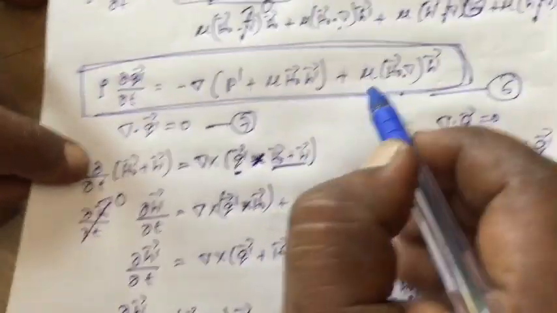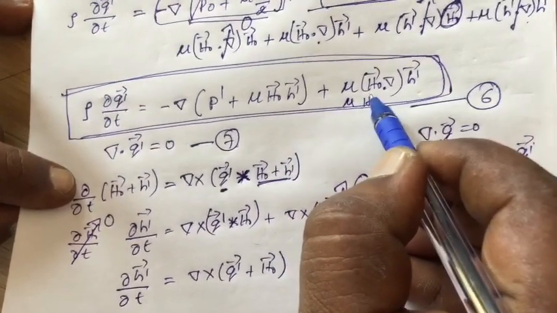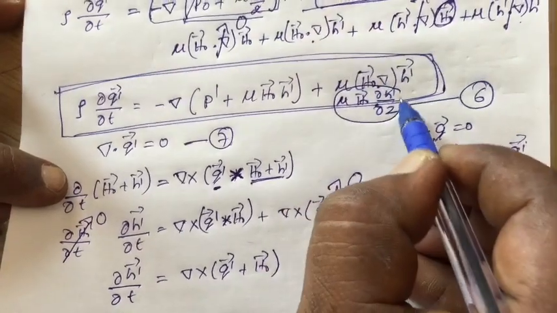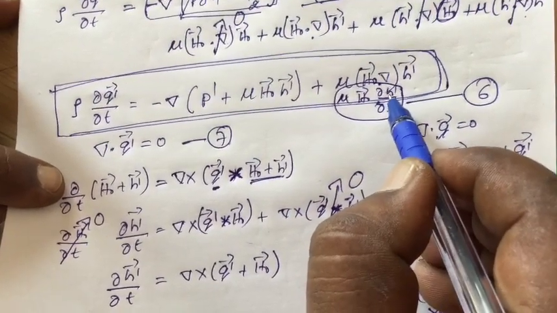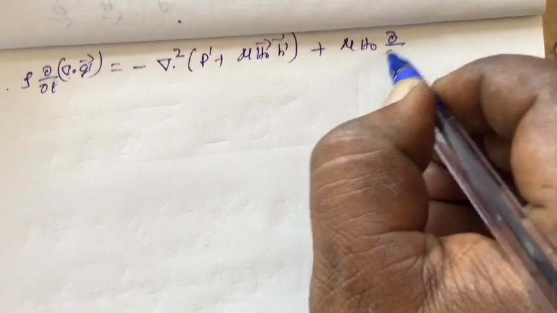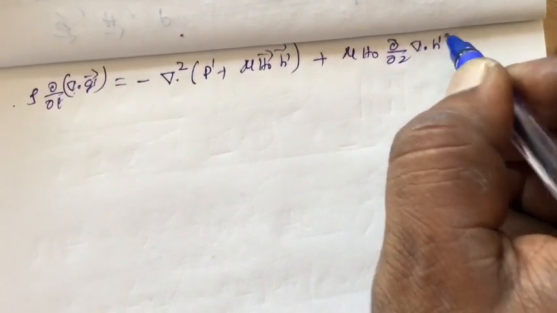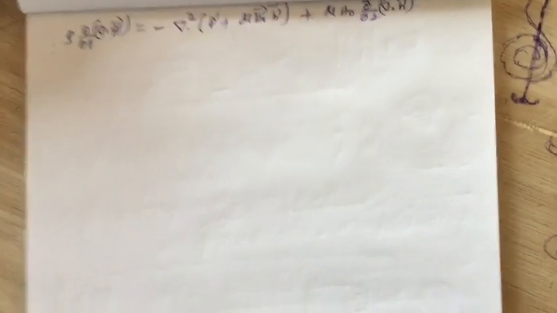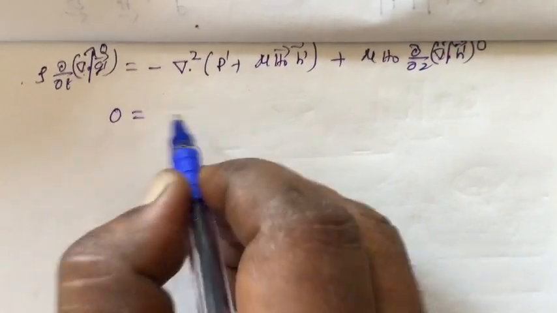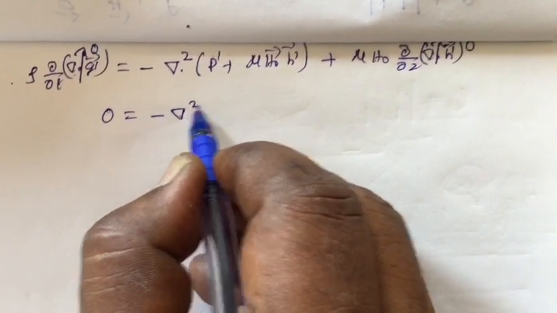Instead of writing this, you can write it as mu into H naught into del H dash by del Z. Here also you can write in the same manner. By taking the divergence, it will become H naught into del by del Z of divergence of H dash. But you know that divergence of Q dash is 0, and divergence of H dash is 0.